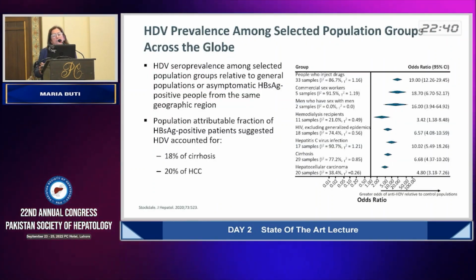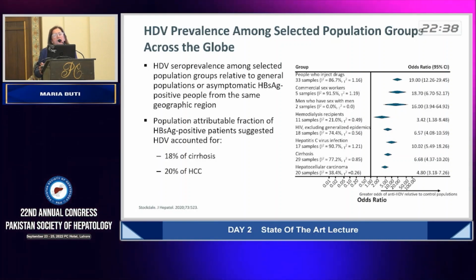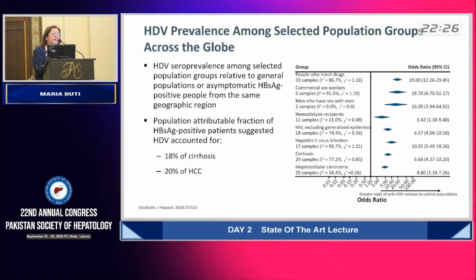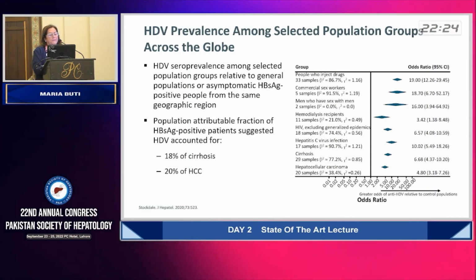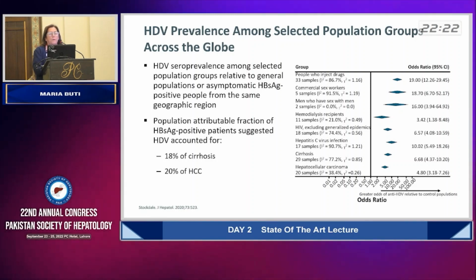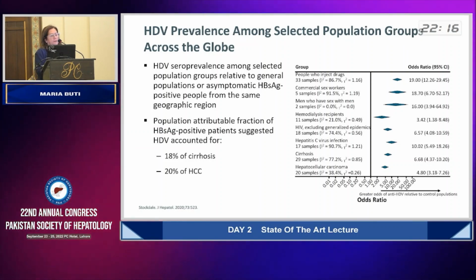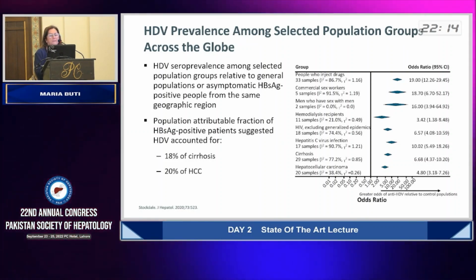When you look at the prevalence of hepatitis delta, it's completely different if you look at blood donors, where the overall prevalence is very low, or if you look at patients with liver disease. If you look in a hospital, in patients with cirrhosis, or even more in patients with hepatocellular carcinoma, the prevalence of the infection is much higher, around 18–20%.